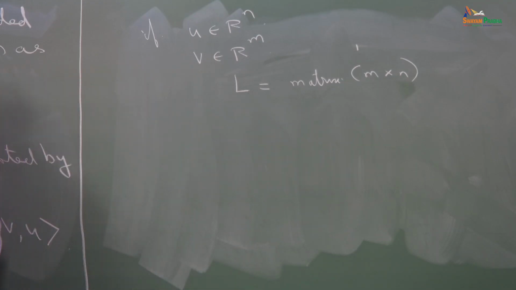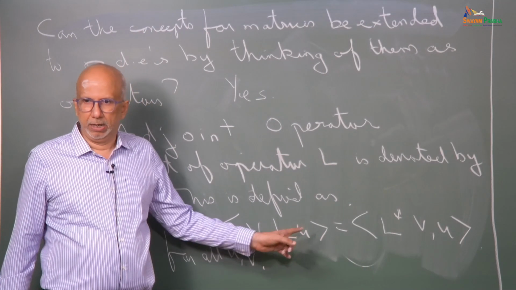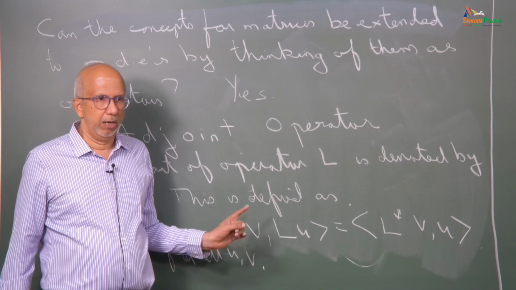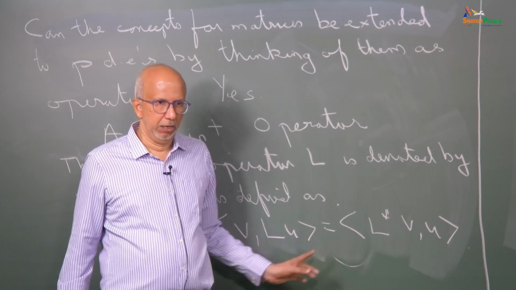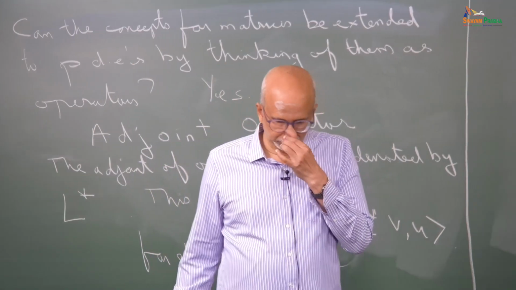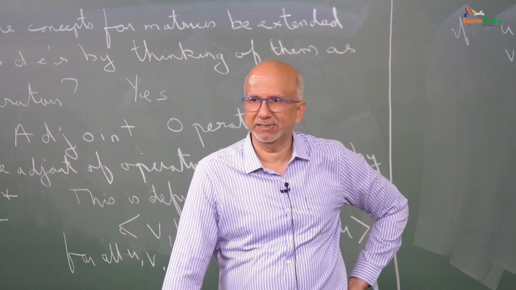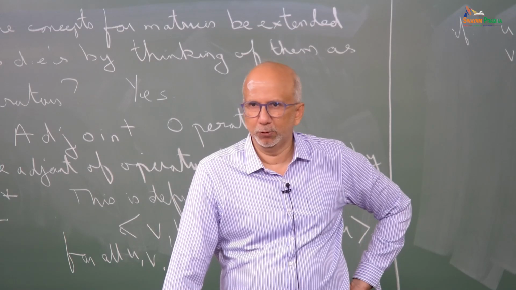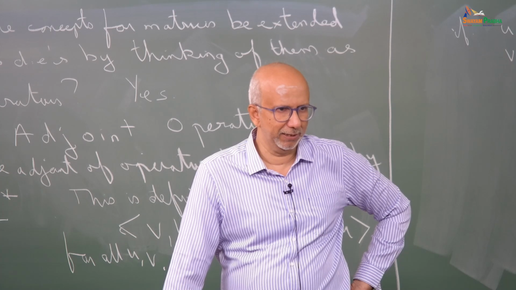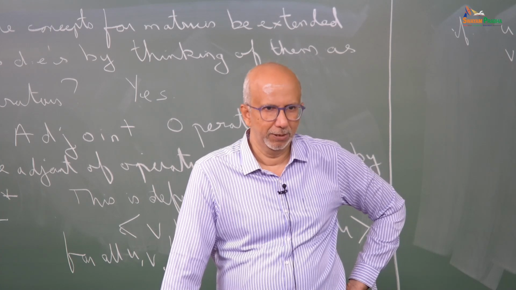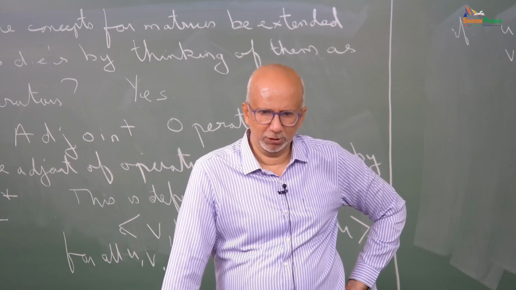So, basically this is the definition of adjoint, if I can find an L star which will satisfy this. Another thing: most of you, in the context of matrices especially, looked at some adjoint, or adj, for the inverse of matrices.